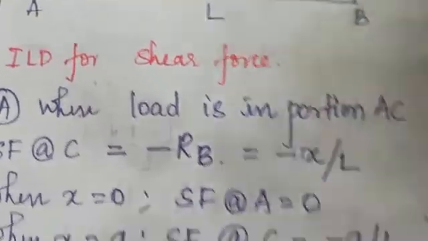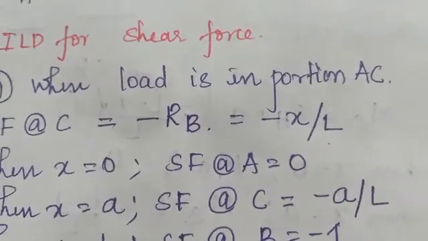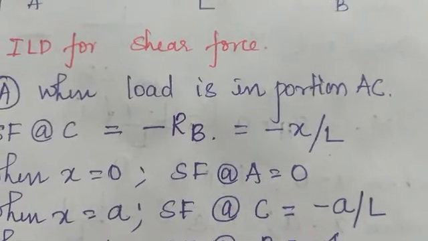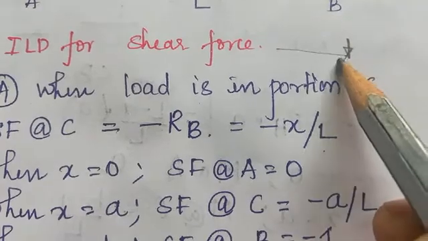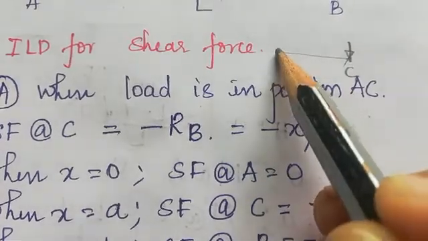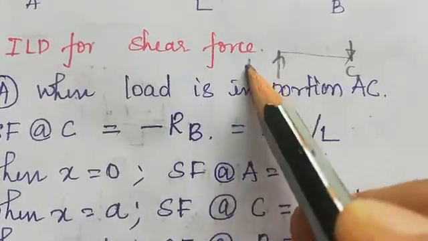First I have to consider when the load is in portion AC. Here is your load, this is your C point, and here you have your reaction RA.